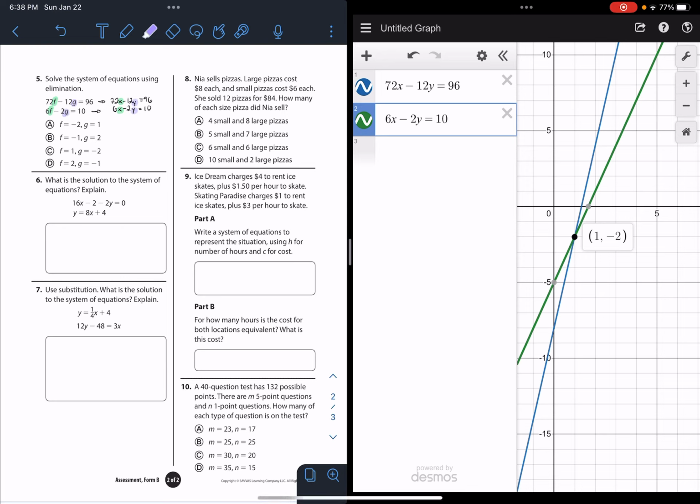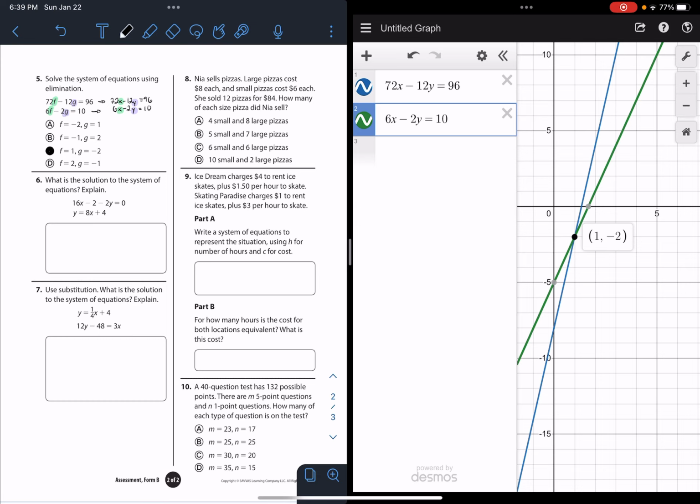So that means our X coordinate is 1 and our Y coordinate is negative 2, so F would be 1. So this option is not correct, and that one doesn't have F as 1. That leaves you with option C, and then you got it. So 1 comma negative 2. And you're good to go.